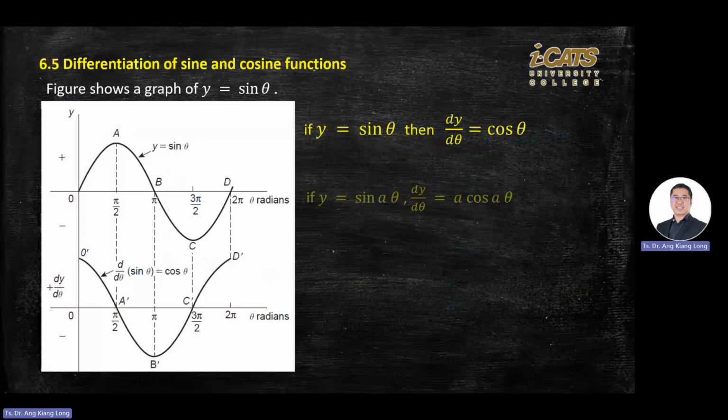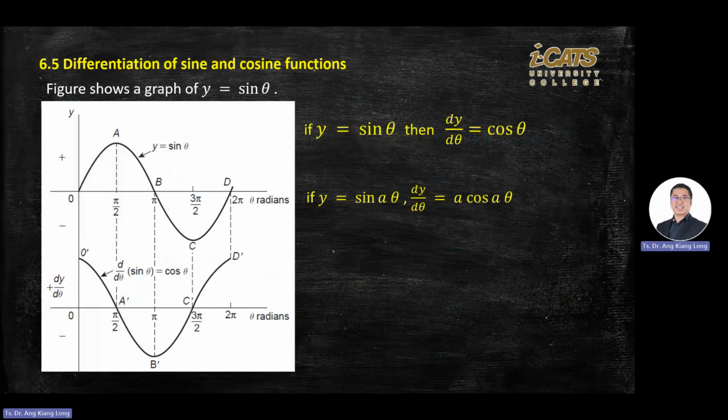Okay, this is important. When you differentiate y equals sine theta, dy/d theta, you get the cos graph. However, if you differentiate sine with an a in front, where a is a constant multiplying theta, dy/d theta, you move the a to the front, and sine becomes cos, continuing with a theta.